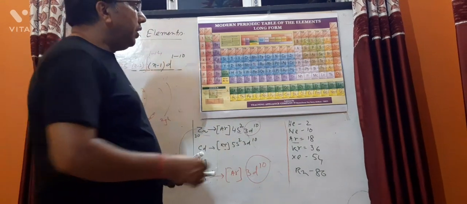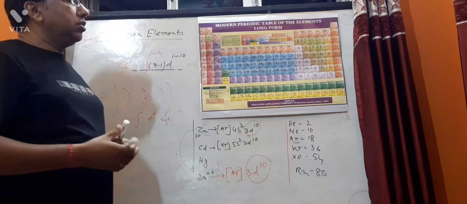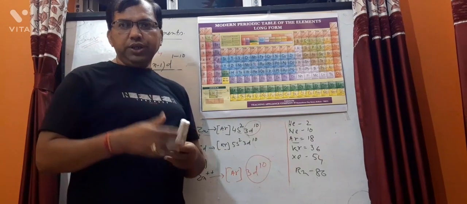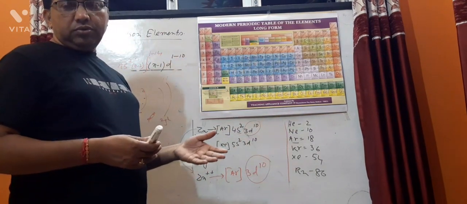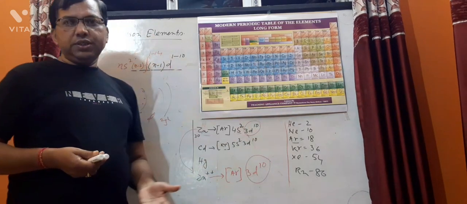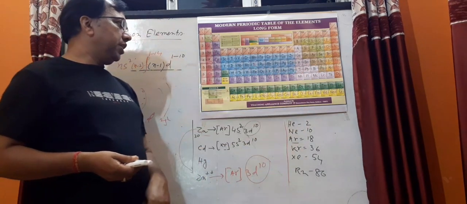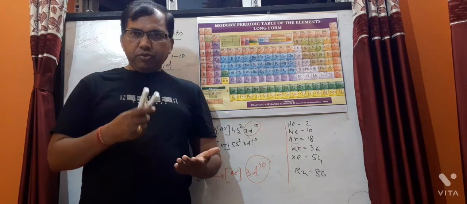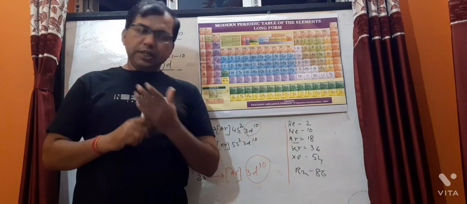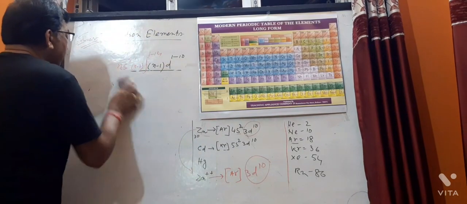In the electronic configuration of these elements, what you see is 1s2, 2s2, 2p6, 3s2, 3p6, 4s2, 4p6, 5s2, 5p6, 6s2, 6p6, that means the outermost shells are full with octet.